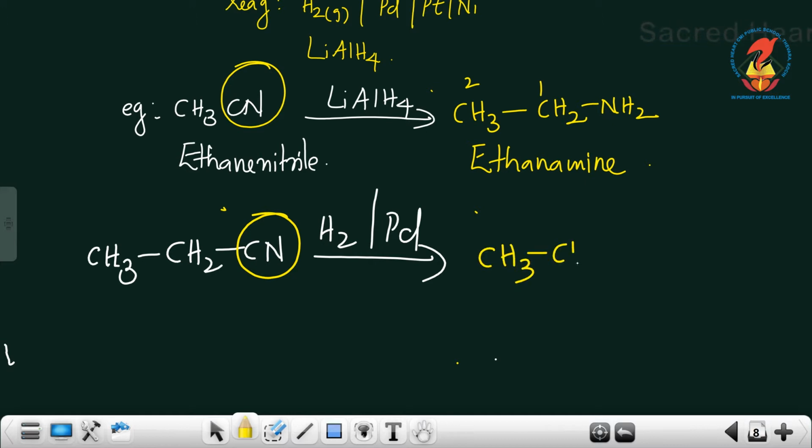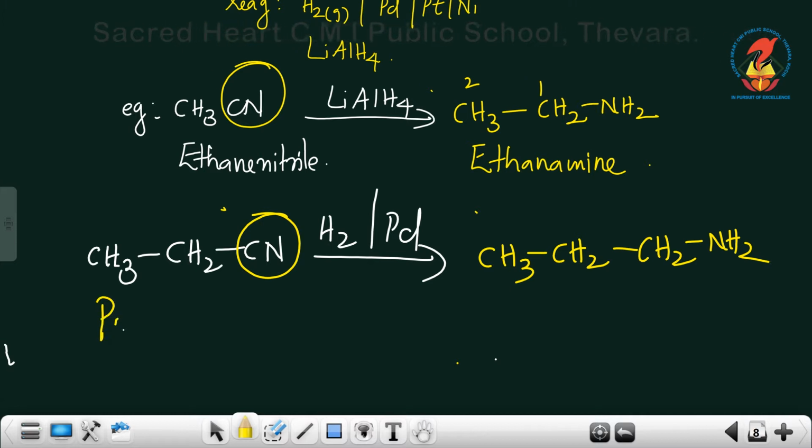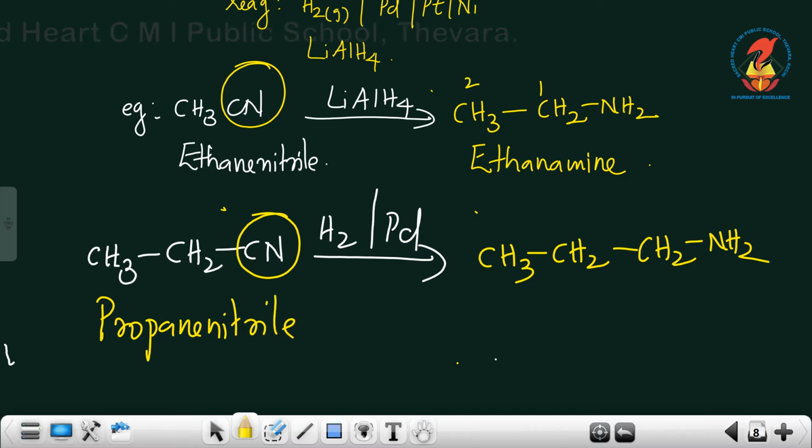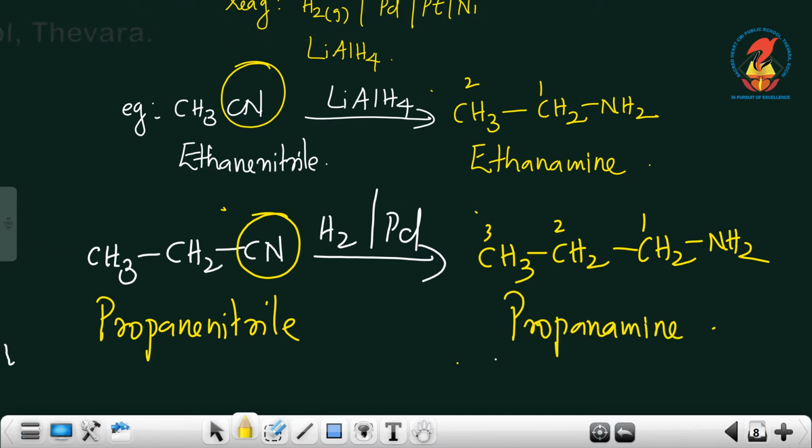So CH3CH2 replace CN by CH2NH2. So what we are getting here is a 3 carbon containing nitrile, that is propane nitrile. On reduction we are getting 1, 2, 3, so it is propanamine. Propane nitrile on reduction we are getting propanamine.